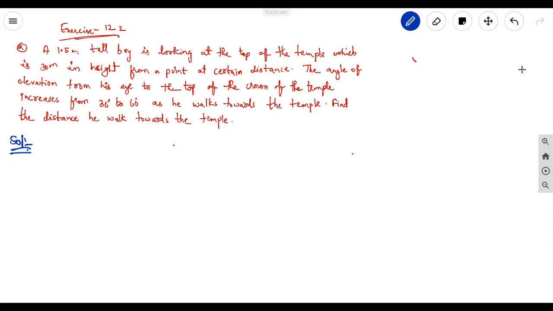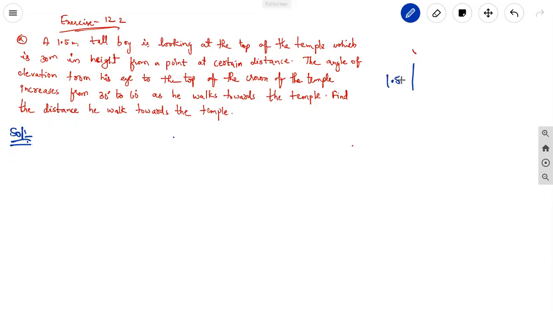First, you can draw the figure. A 1.5 meter tall boy, and he is observing from his eyes to the top of the crown of the temple. Here we take AB as the temple.